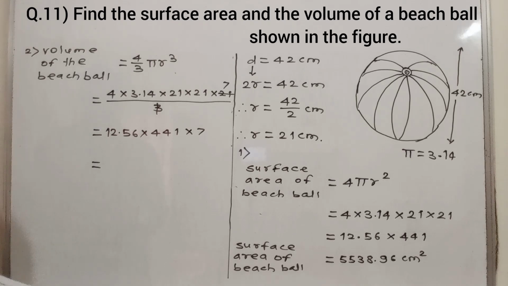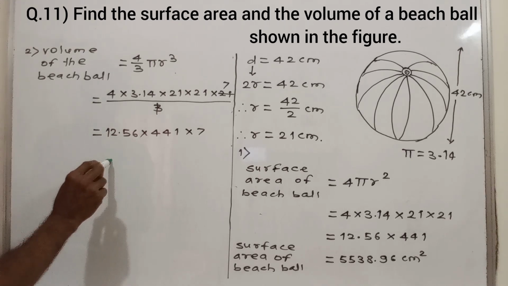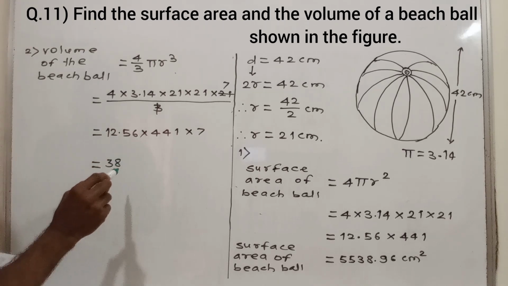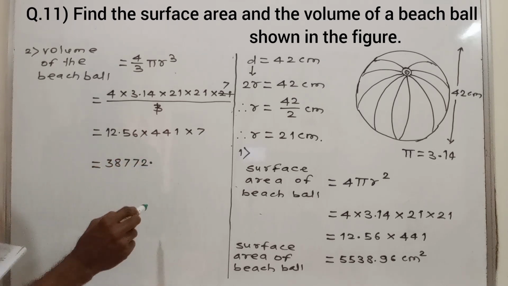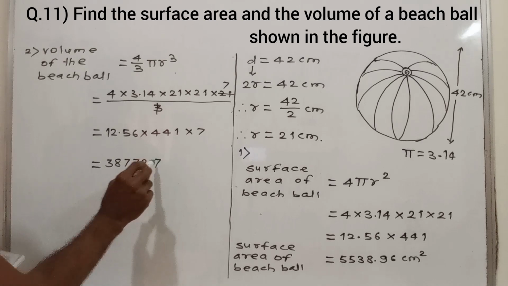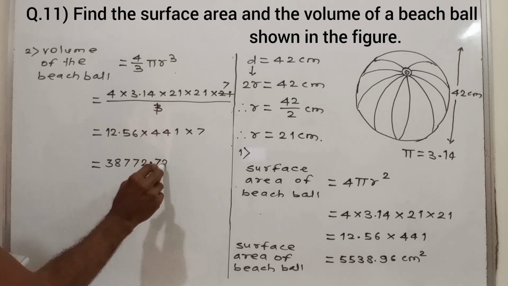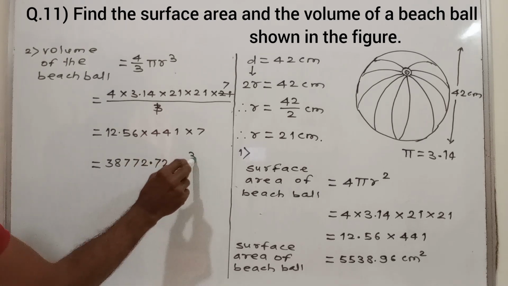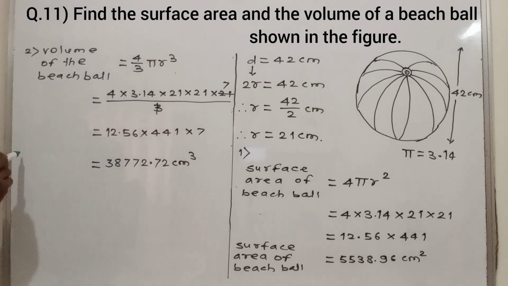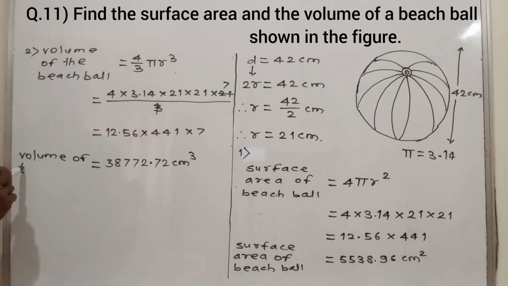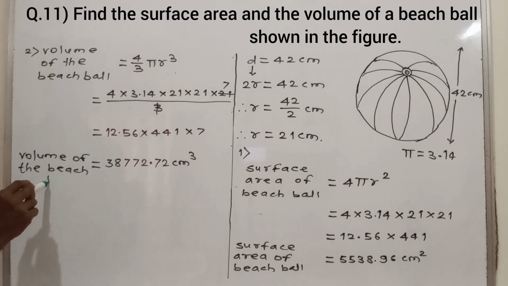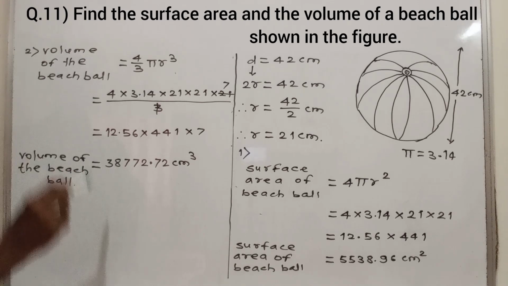Then product of all these, 38,772 into 0.72 centimeter cube. This is the volume of the beach ball.